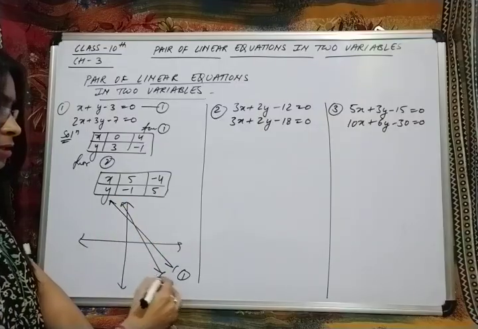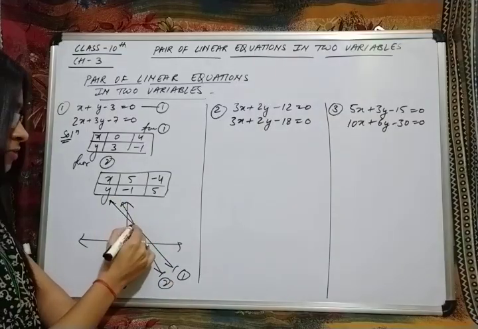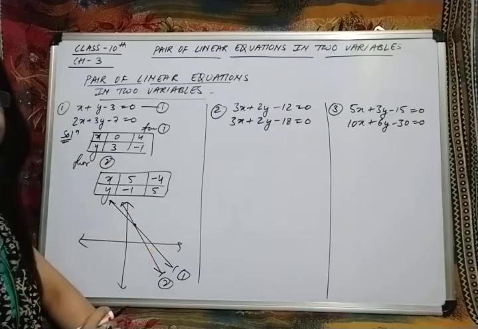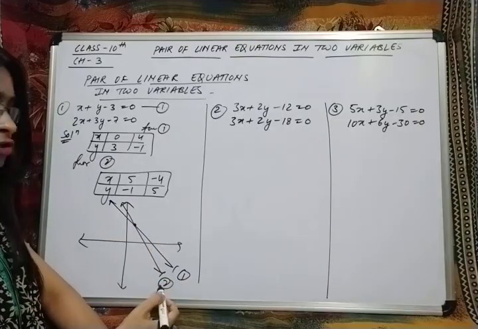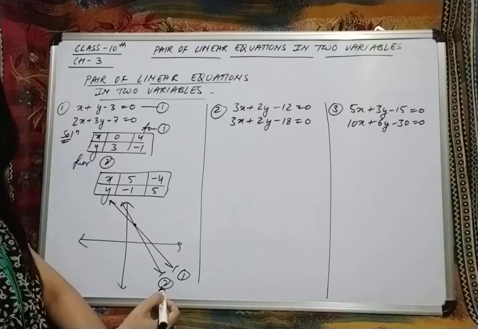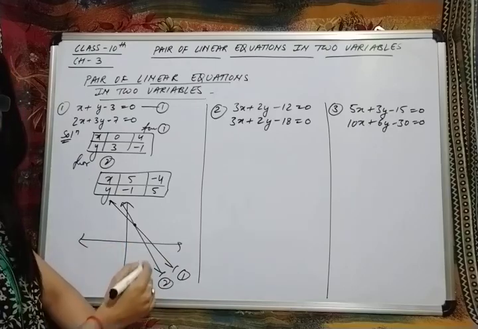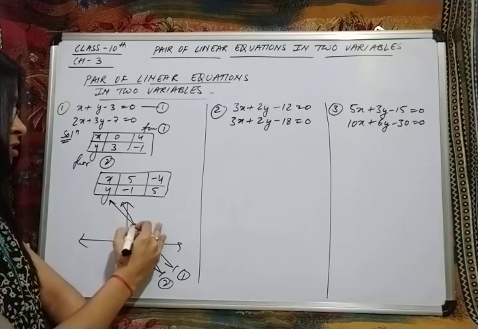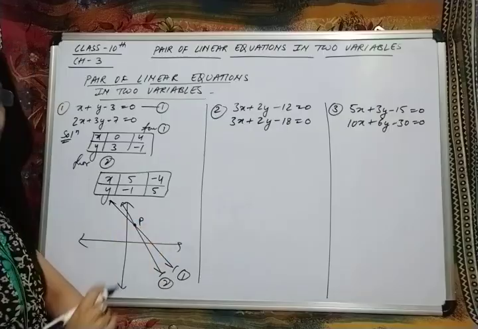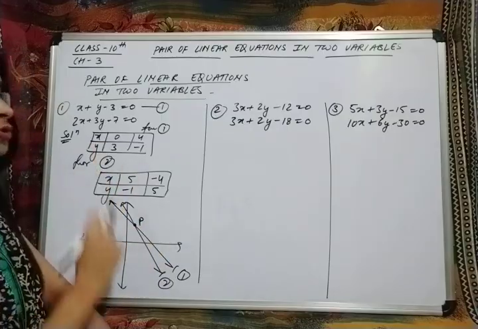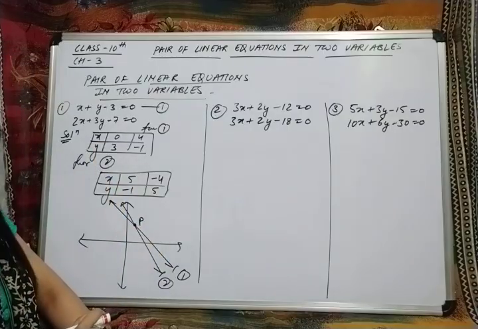So the two lines will intersect at one point, this is of the first equation and this is for the second equation. If we plot in the Cartesian plane, we get straight lines, and these two straight lines will intersect at a point P.